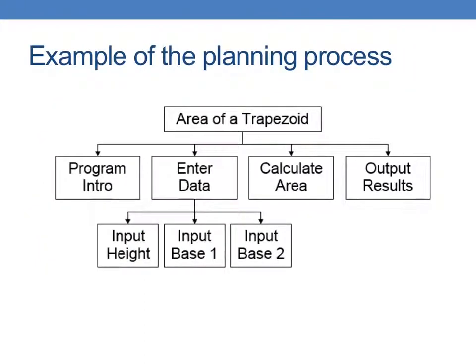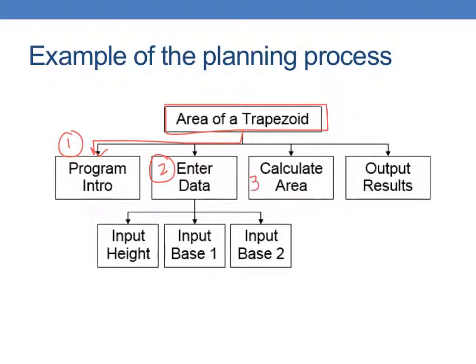So here on the screen, I want to give you an example of the planning process. Here I'm pretending I'm going to write a program for the area of a trapezoid. I start off by thinking, okay, what are my major tasks? Well, my first major task is that I have to introduce them to the program. My second major task is that I need to have them enter in data.